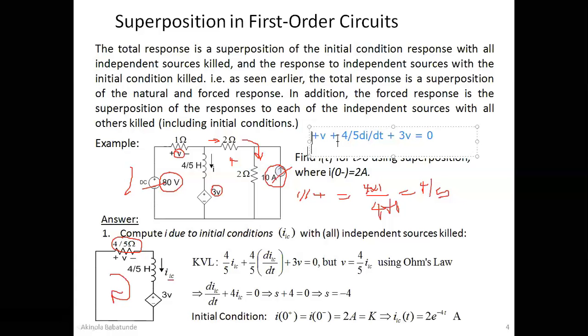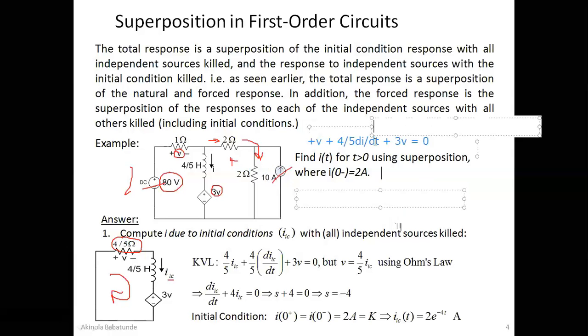So using this equation that we created in blue here, your V would be 4 over 5 multiplied by I, where our I is the initial condition current. So that is how they got this 4 over 5 you see here.